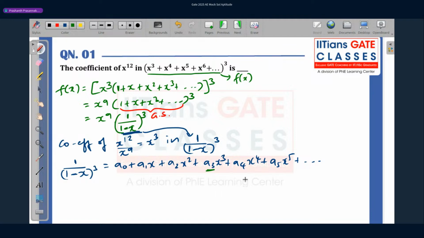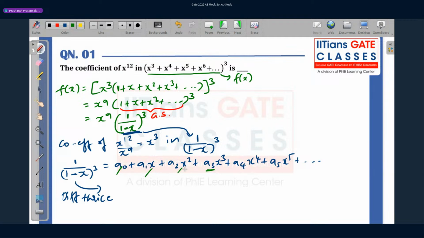Right? So here's what I'm going to do. I'm simply going to differentiate this twice, no, thrice. The first three terms will vanish. First derivative of a naught is only 0. For a1x, if I take the second derivative, it will go to 0.